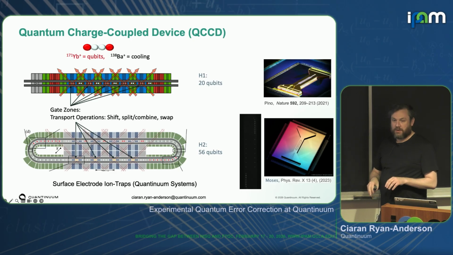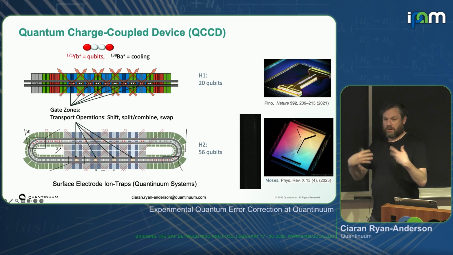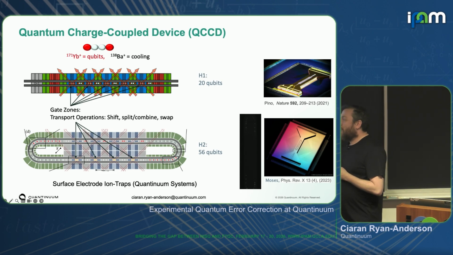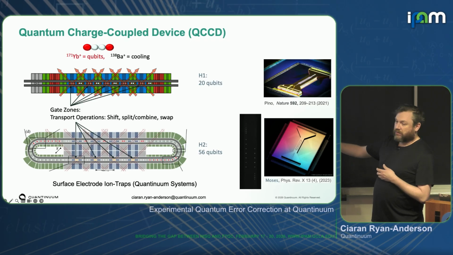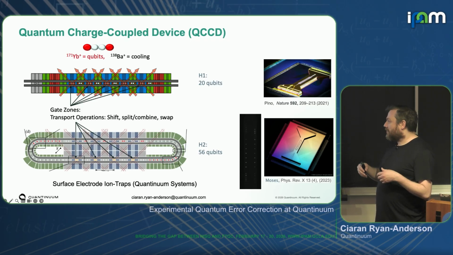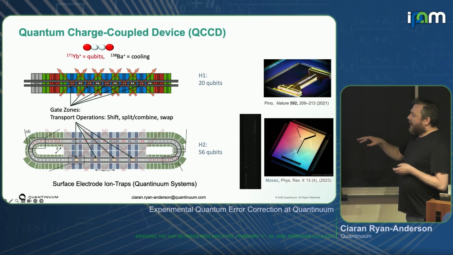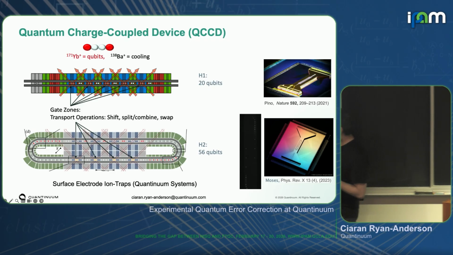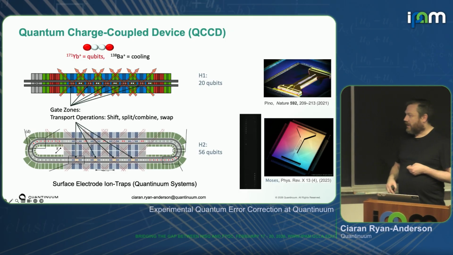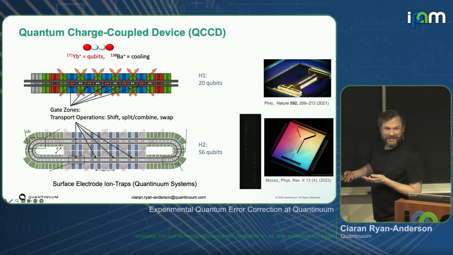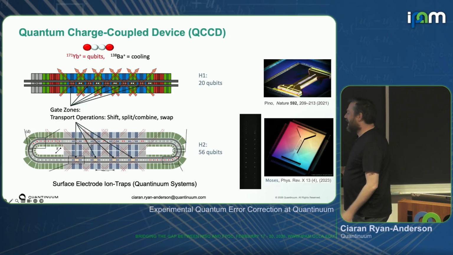It's not like we just fab one thing and it remains how it is. It's constantly improving. Then we moved to this H2 device, which is a racetrack. So it's quasi 2D, and you can see the ions zipping around. You can actually fluoresce them and see the ions. It might be hard to see, maybe if you squint.